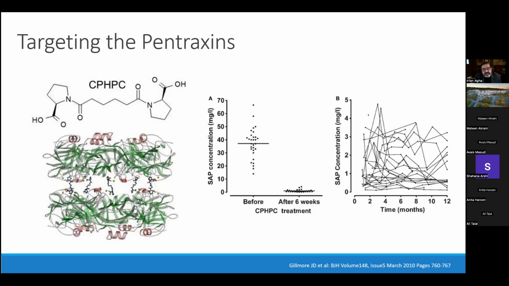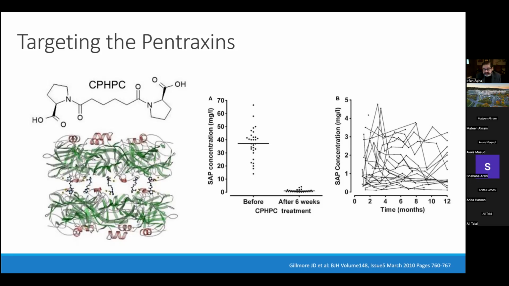So this was a study that looked at administration of CPHPC or miridesap, and this is all coming in from the UK Amyloid Center. And what they're demonstrating here is that when you administer this agent, the serum amyloid protein concentration falls very significantly, and it stays down.